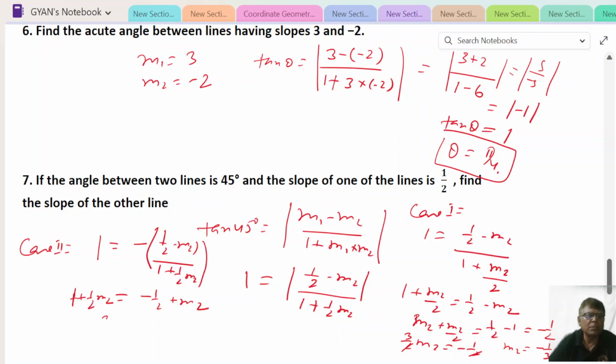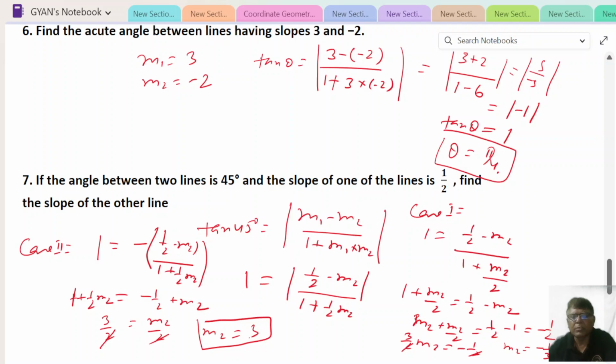So moving this here, 1 plus half is 3 by 2, and m2 minus half m2 is equal to m2 by 2. So m2 is equal to 3. So in this case, one is an obtuse angle, and this is an acute angle.